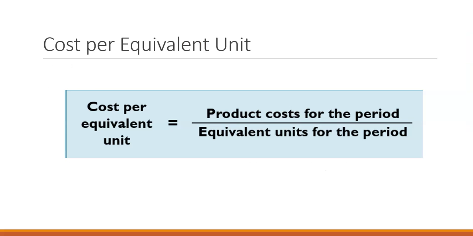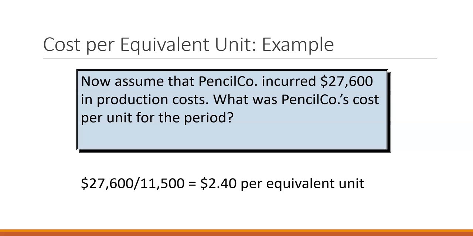Our cost per equivalent unit is the total product cost for the period, so all direct labor, direct materials, and overhead accumulated during the period, divided by our equivalent units for the period. So we go back to this pencil company. We incurred $27,600 in production cost.